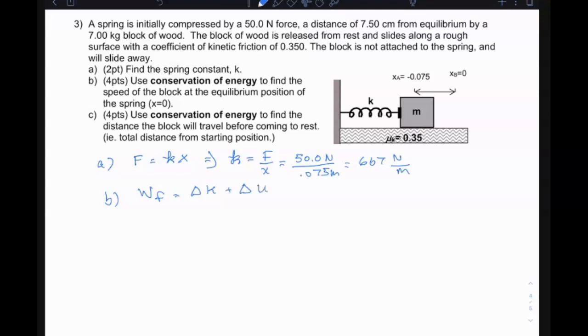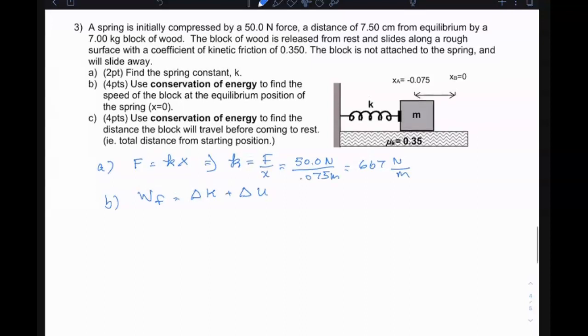In other words, the work done by the external force, the friction force, changes the mechanical energy of the system, delta E. So we can rewrite this as minus Fk times the distance. Let me call this distance delta x.